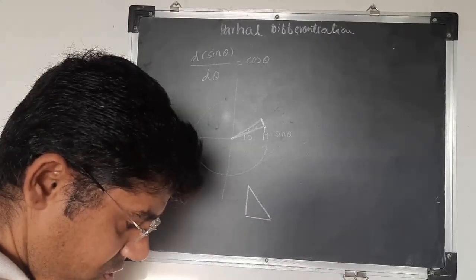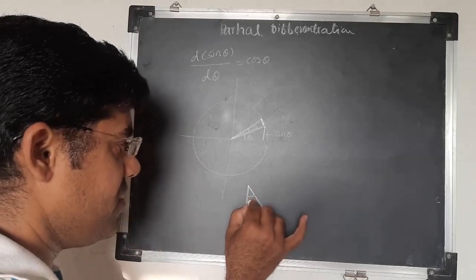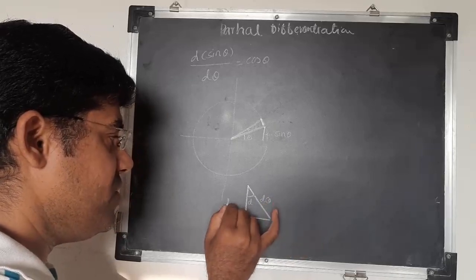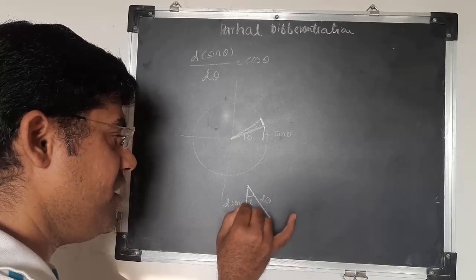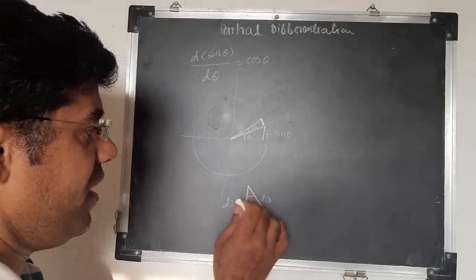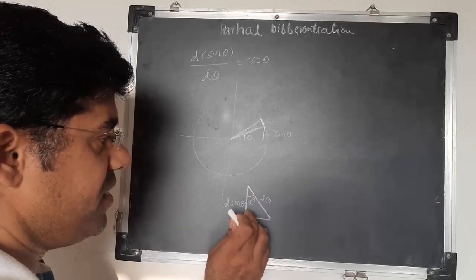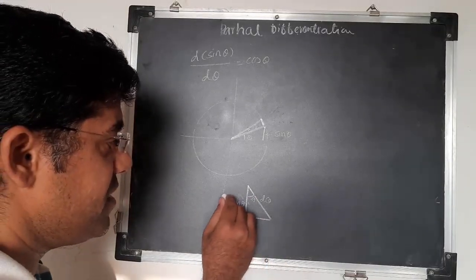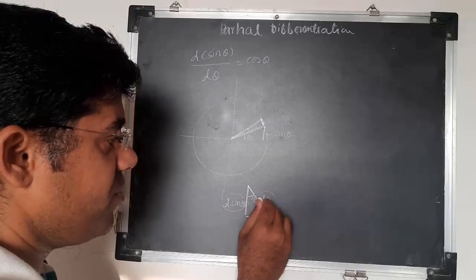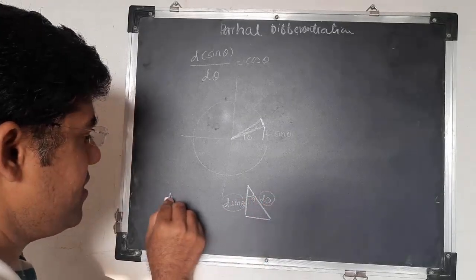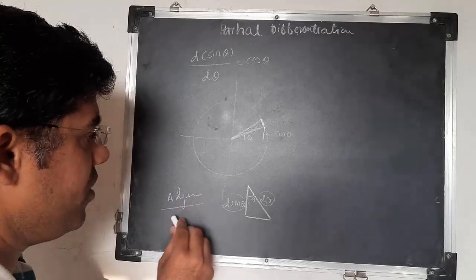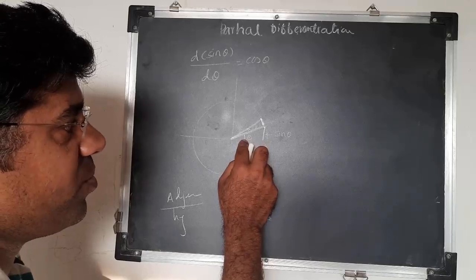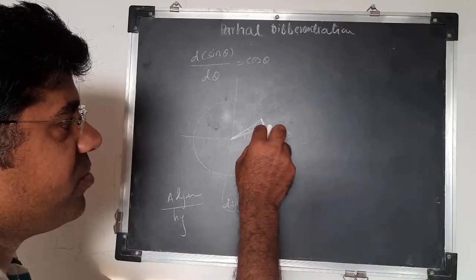So this is your d theta, this is your d sine theta, and this is your angle theta. Now this is your adjacent, this is your hypotenuse. So adjacent upon hypotenuse, please remember this is your sine theta component, d theta component.